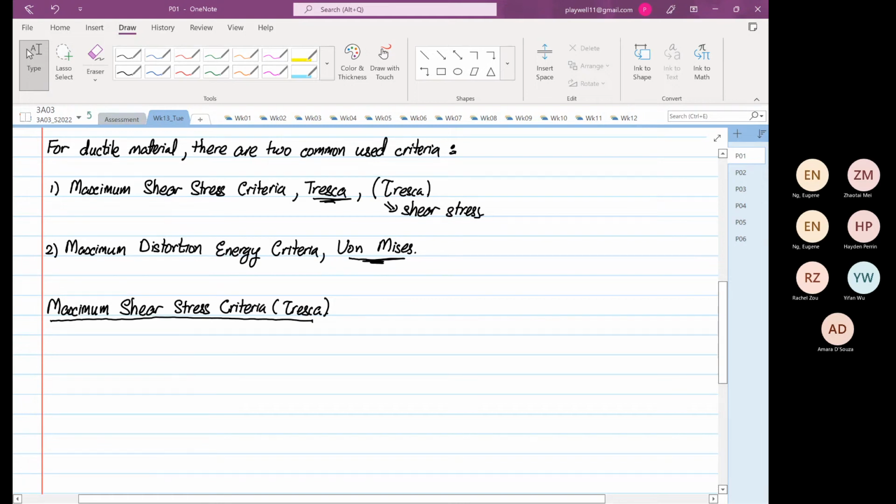One is where tau max is equal to sigma Y over 2. This is our first relationship for Tresca, known as equation 1, where sigma Y is our yield strength.